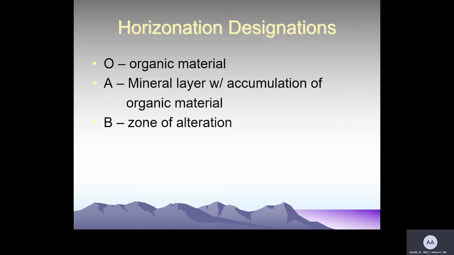Or you might see the formation of structure, which I talked a little bit about in the last presentation. But you'll see that it's different from the underlying parent material. Now that said, there's an exception to every rule. Not every B horizon immediately overlies the parent material.